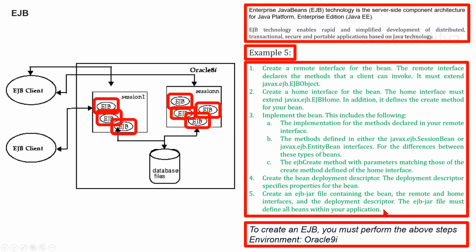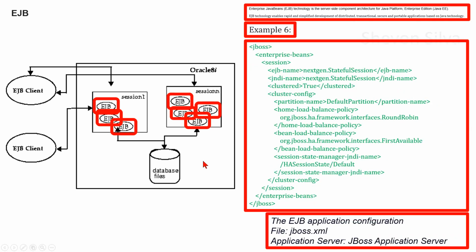As an example 6, we can consider EJB application configuration. This is done in the jboss.xml file in the JBoss application server.